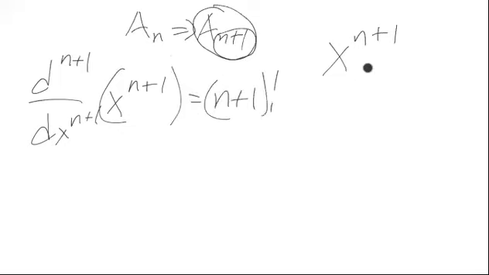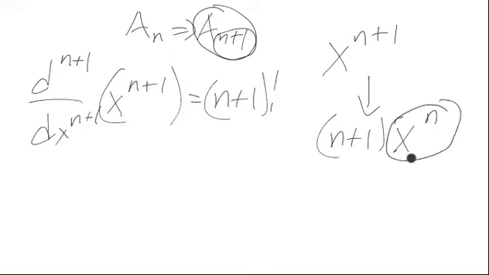So can we get that from here? Well, let's see. The derivative of this, using the same idea that we just saw, is n plus 1 times x to the n. Now, oh look, this is a constant, and now we're taking n derivatives of this. Well, by our hypothesis, our assumption statement, A sub n.